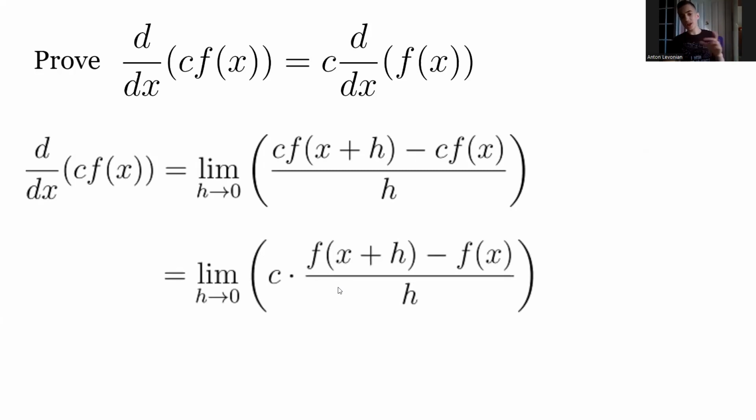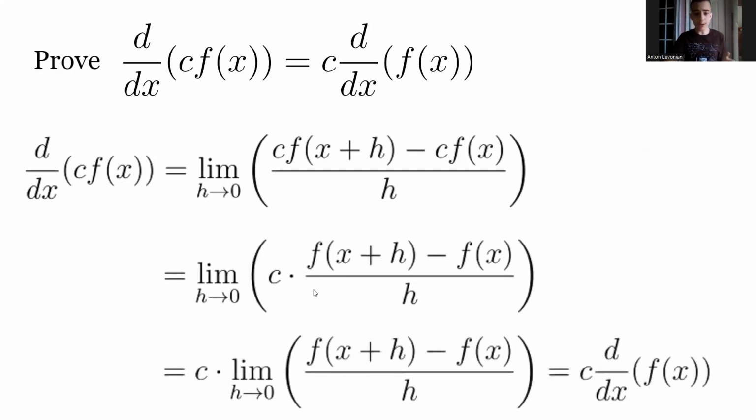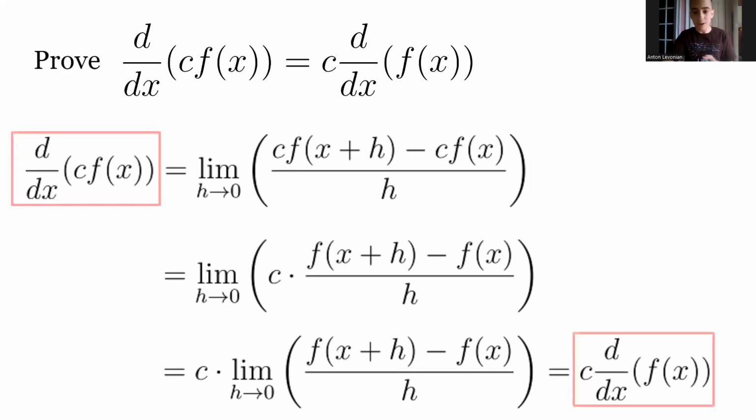We can pull this c out, and then we can pull this c out even more out of the limit. Again, this is a limit property that we derived three lessons ago. It may seem like a long time, but once again, these limit properties come back. We use them for derivatives. And then, of course, this thing right here, you will recognize as a derivative of f of x. So we basically just pulled the c out and we justified it mathematically.